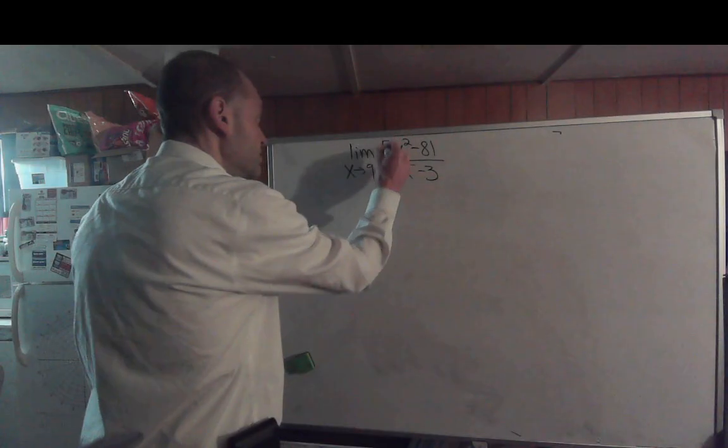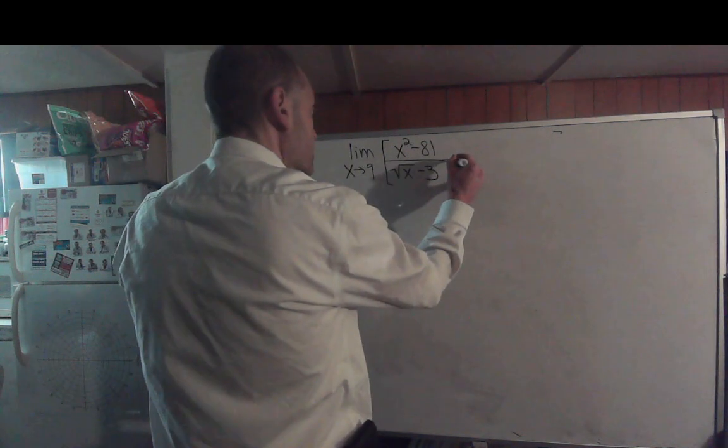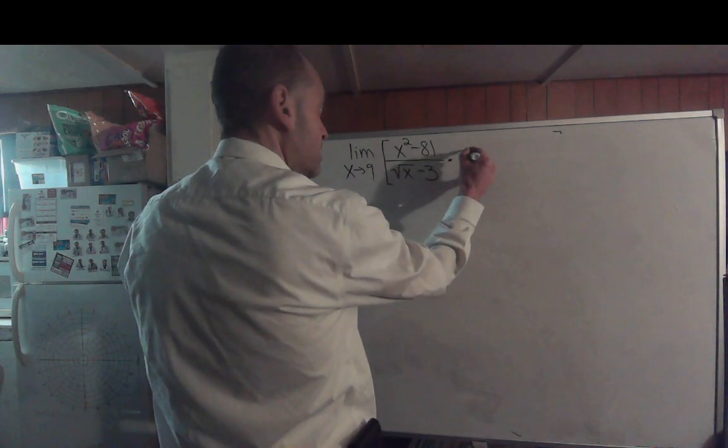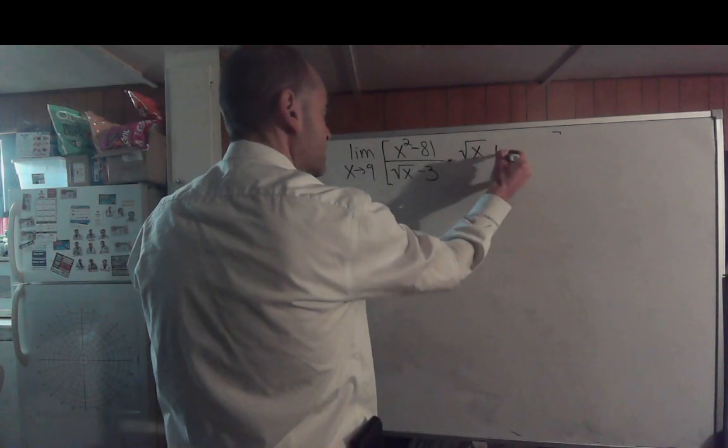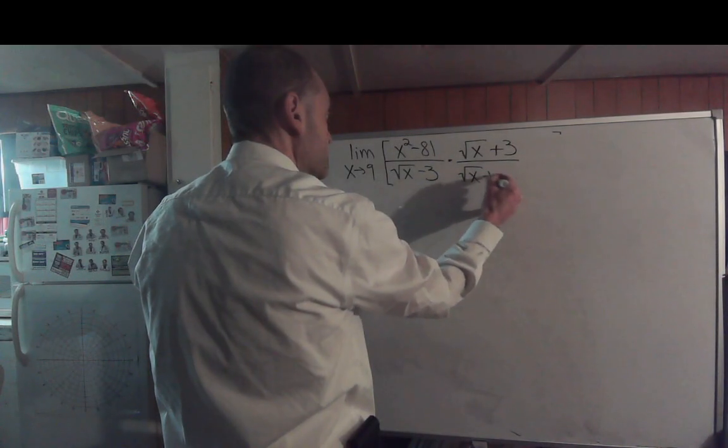Let's multiply the numerator and denominator by the conjugate. So what you'll end up getting is multiplying by the square root of x plus 3 all over the square root of x plus 3.